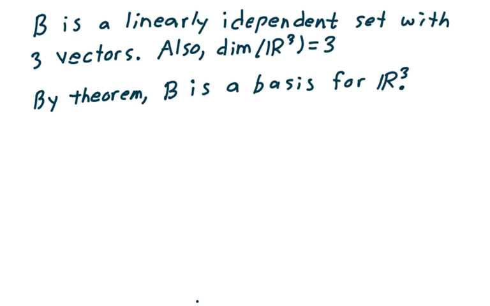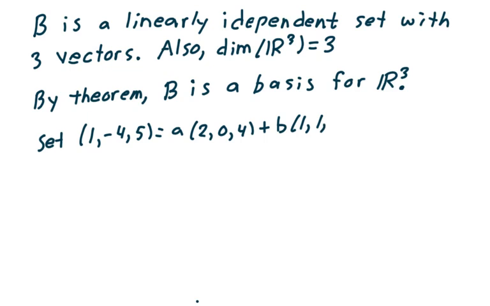Now, here's what we're going to do next. I'm going to set the vector (1, -4, 5) as a linear combination of the vectors in set B. So in other words, I'm going to take the vector (1, -4, 5) and set it equal to (2, 0, 4) times A, plus B times (1, 1, 0) plus C times (1, -1, 0).